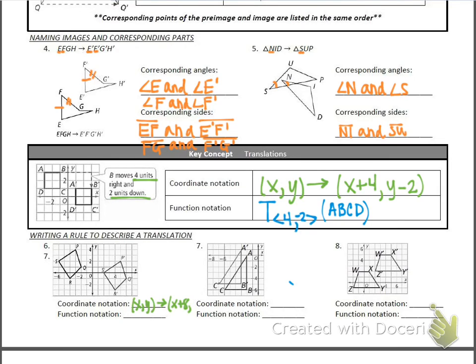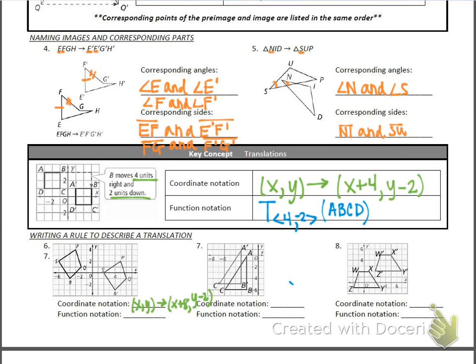And then this one looks like we went down. How many units down did we have to go? How many? 3? Melody says 3. David says 2. Now you guys are going to make me count. 1, 2. Okay, so Y minus 2. Parentheses. That's your coordinate notation. Function notation.